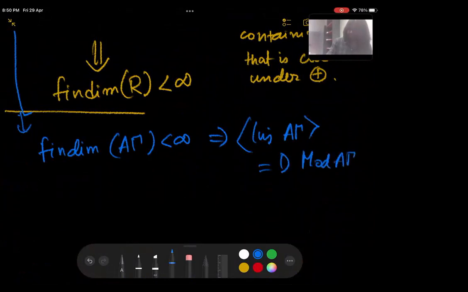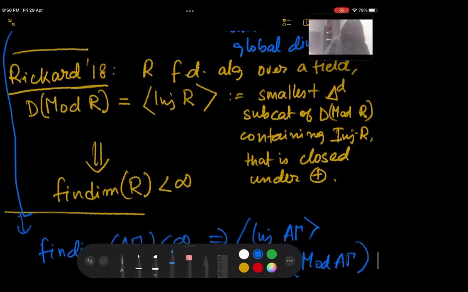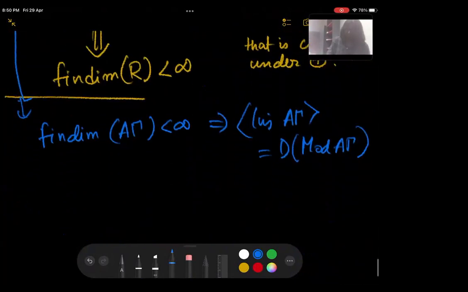For finite dimensional algebras, it is not known whether there are any for which the injective generation property fails. So it could be true that this implication is actually an equivalence, but we don't know that.